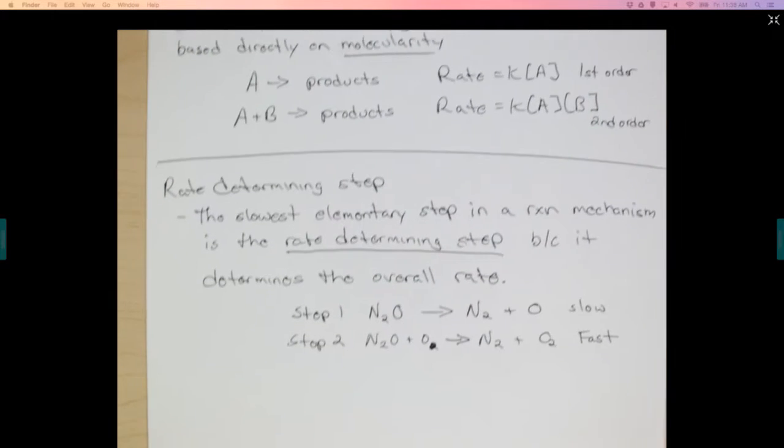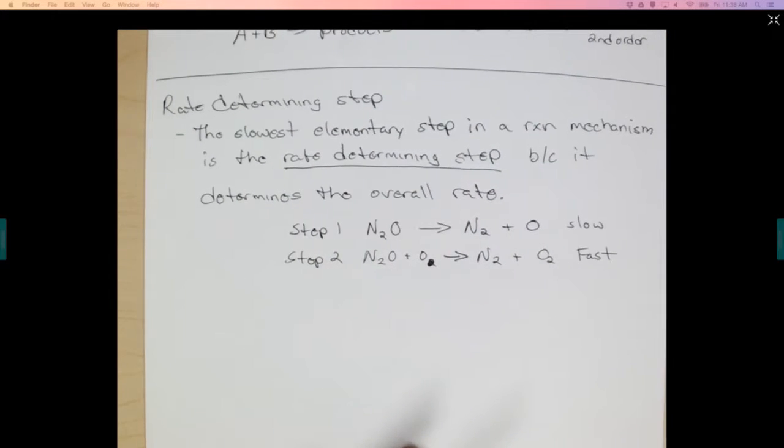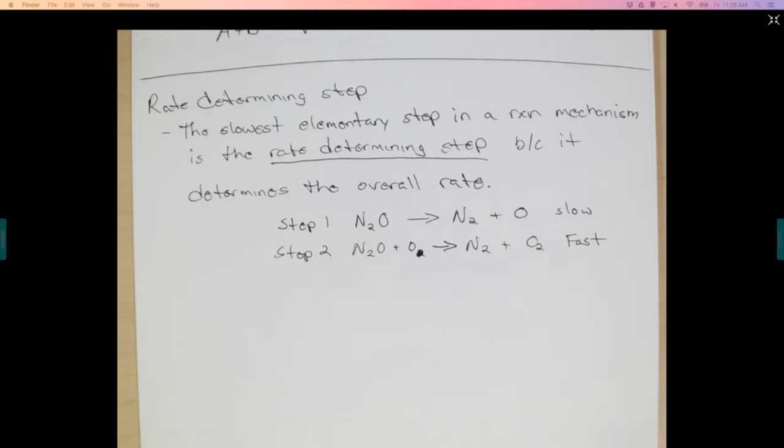Now we want to talk a little bit about the rate determining step. So let's say that we know a chemical reaction. We know its mechanism. We can determine from that the molecularity and the overall reaction. But do we know the speed at which the reaction occurs, is it fast or is it slow?